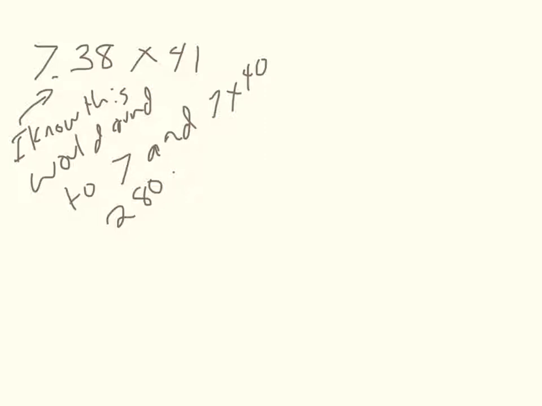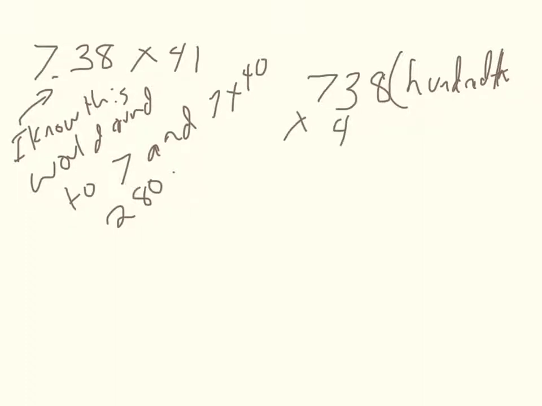So if I take 738 hundredths and I multiply that times 41, I can get my answer. I'm going to start with a 1, and I'm going to say 1 times 8 is 8, 1 times 30 is 30, and 1 times 700 is 700.